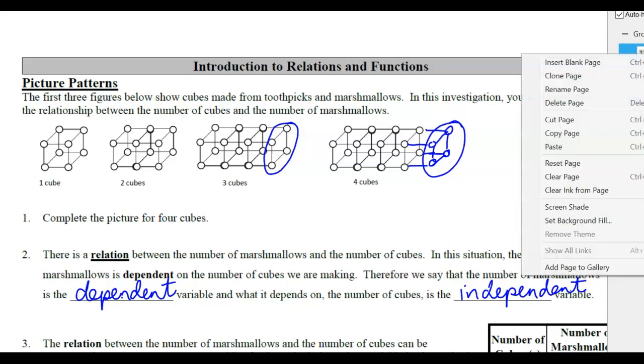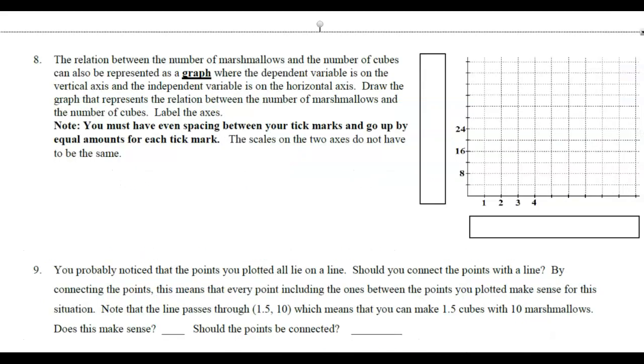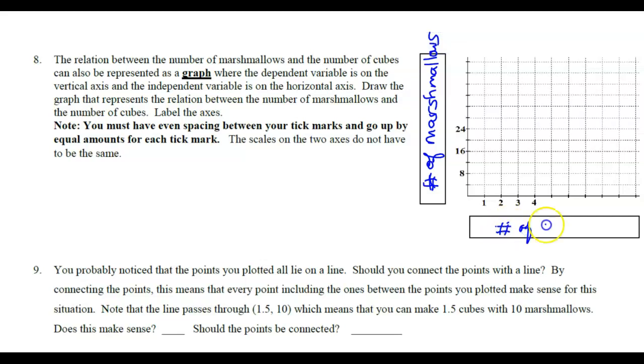I'm going to insert number 8, the relation between the number of marshmallows and the number of cubes. So we can represent it by a graph. Dependent is on the vertical. So this is the number of marshmallows. So this is the number of cubes.